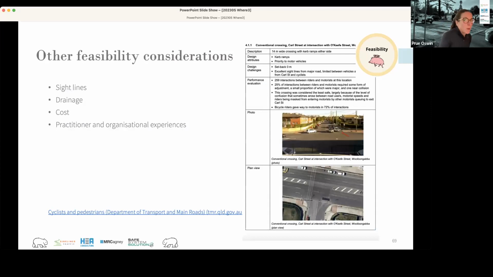Other considerations when it comes to feasibility. So I know we had sight lines, there are issues with drainage, cost is a big one, and practitioner and organisational experiences, that's something that comes up in our surveys as well. So I've just put a link here. This is the TMR, Transport and Main Roads Queensland guideline for raised priority crossings.